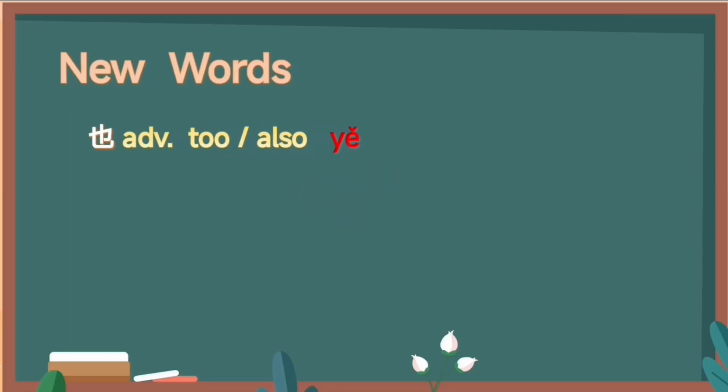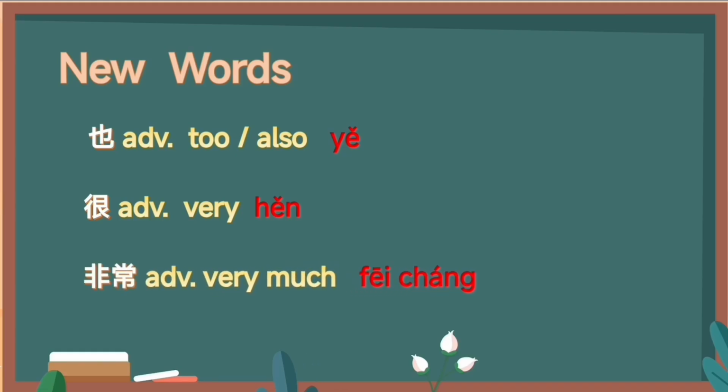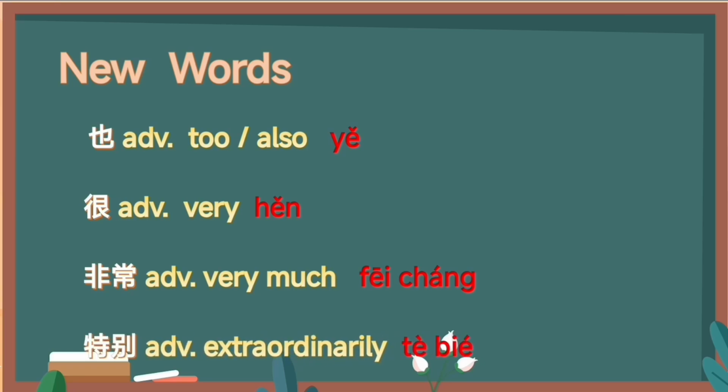Read after me, please. 也 has the meaning of also or too, but different from also and too. 也 is always placed before the predicate, and it can be used in either affirmative sentence or a negative sentence. 很 very. 非常 very much. 特别 extraordinarily.